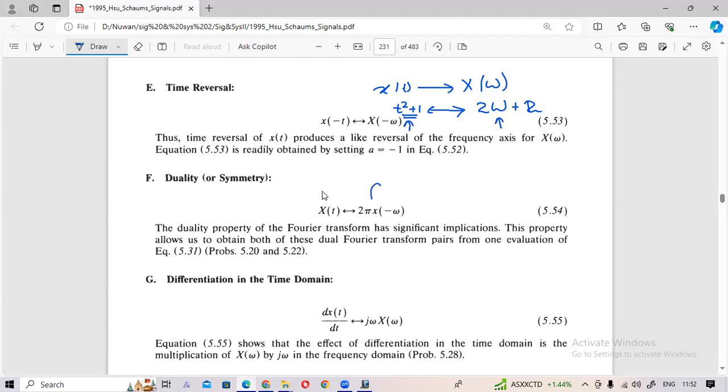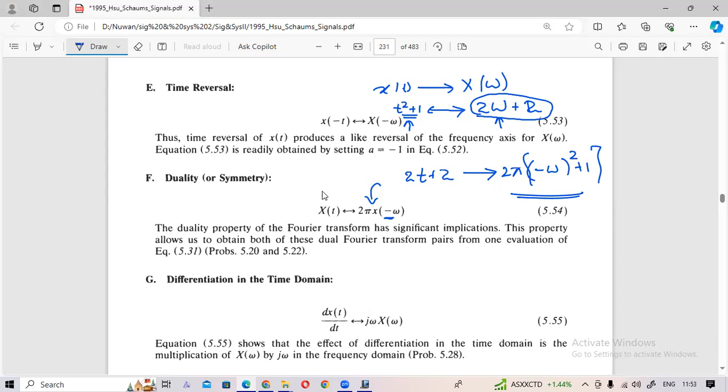This property says that if you take this one as a time domain signal, and get its Fourier transform, instead of this t you have to put minus omega, so it will be minus omega squared plus 1.